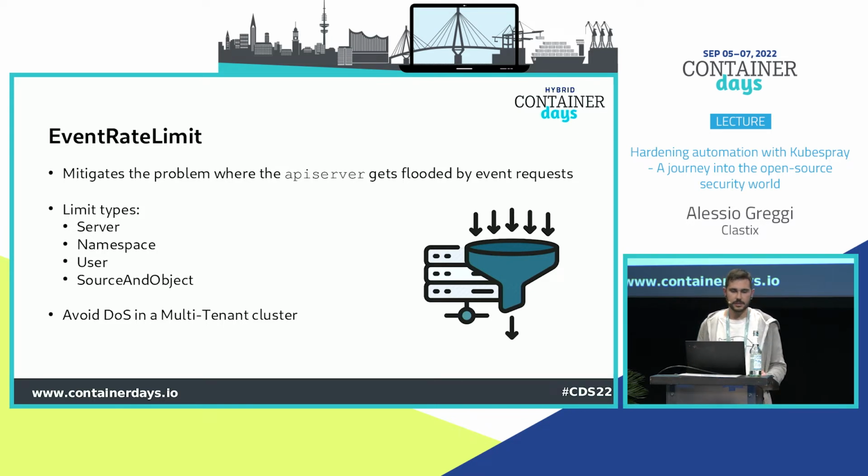For this, the EventRateLimit comes to help you. Essentially, you can set up some limits for the API server in order to avoid any kind of denial of service attack or something like this. So it's a sort of antidote for a multi-tenant cluster.